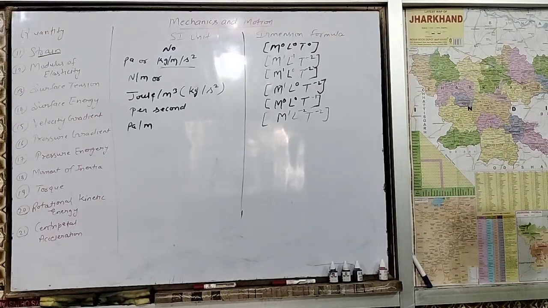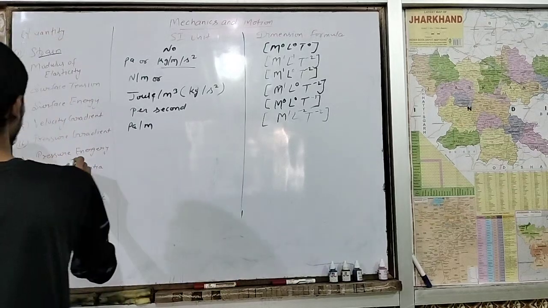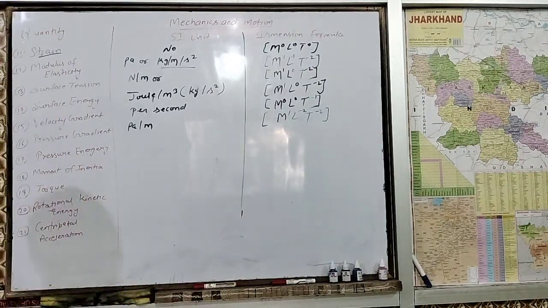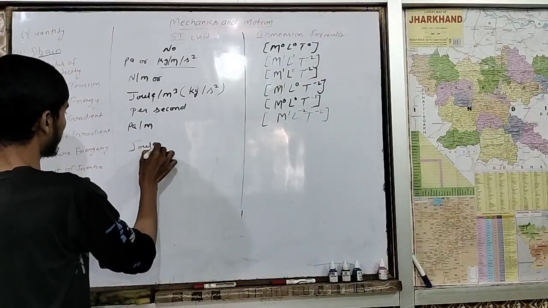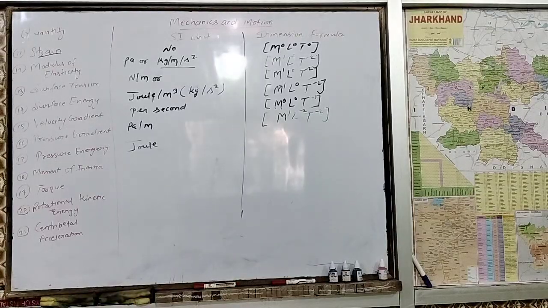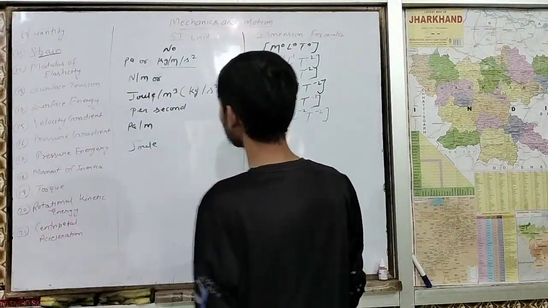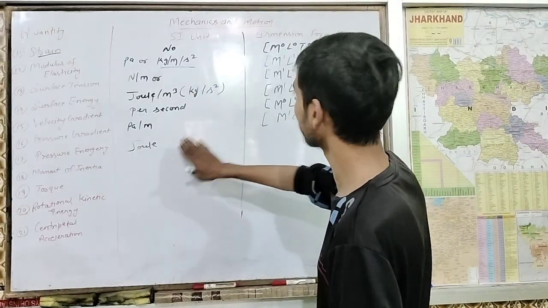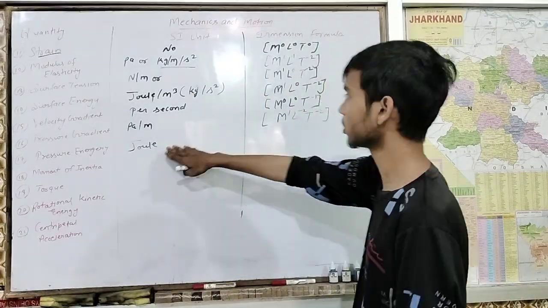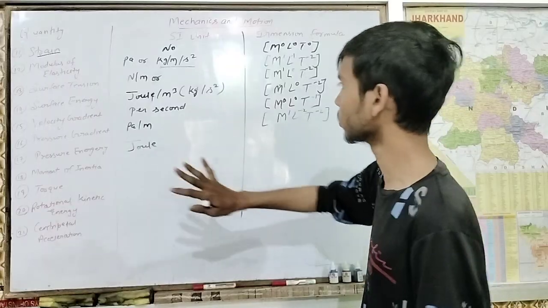Pressure energy. For pressure energy, here energy is coming. Whenever energy comes, you know what we should do. Here the SI unit for pressure energy is joule. From this you can write the dimension for joule.